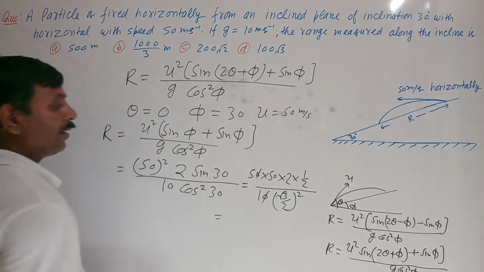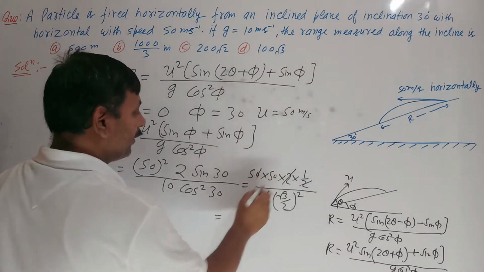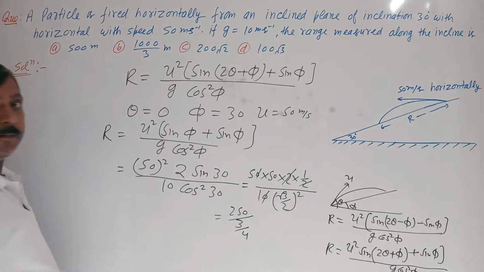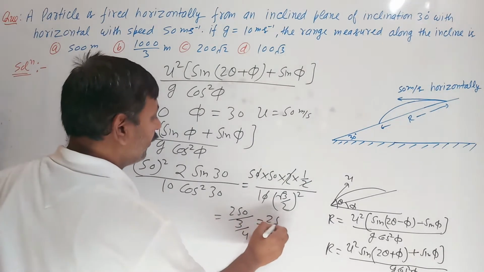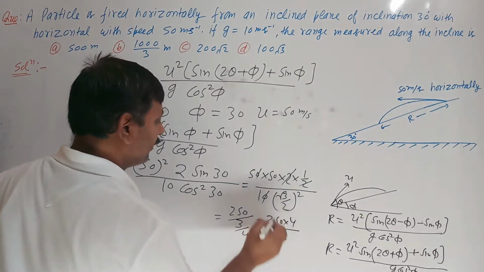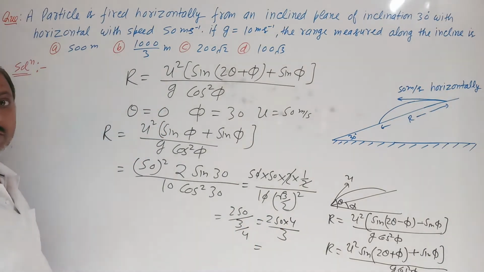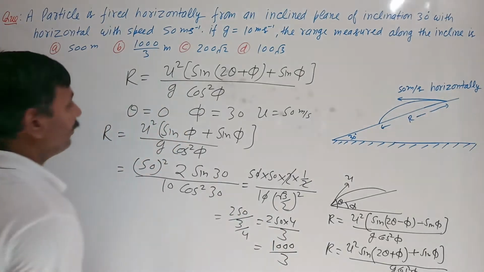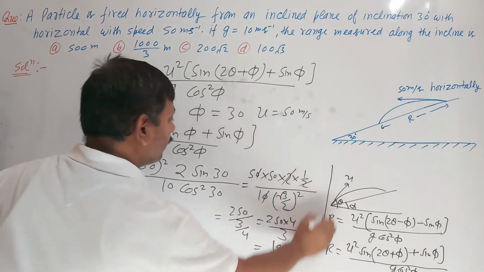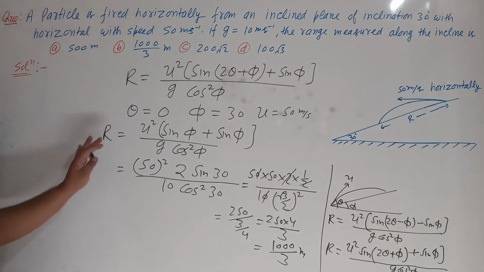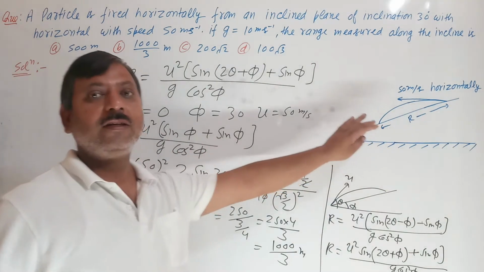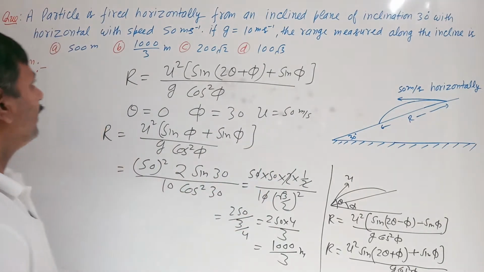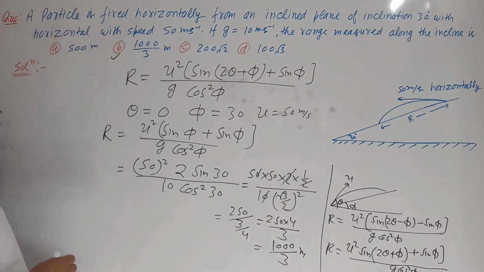Simplify, 2 cancel, 250 divided by 3 by 4. So that is 250 into 4 upon 3. So answer will be what? 1000 upon 3 meter. So see here, what will be the range when it is projected horizontally from inclined plane at angle 30 degree? So that is 1000 upon 3.